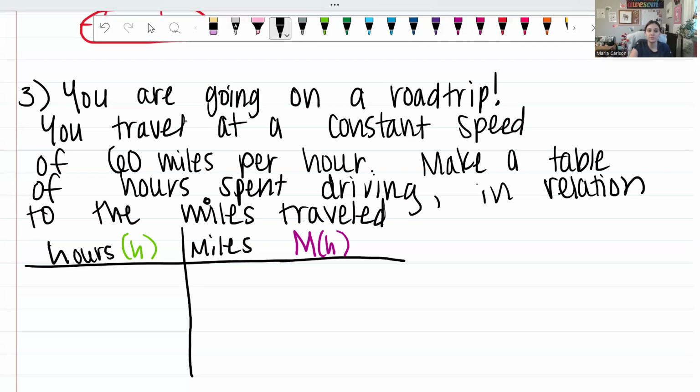So if we have driven 0 hours, we're going at a speed of 60 miles per hour. So 60 times 0 gives us just 0. So if we have driven, or sorry, yeah, driven 0 hours, we have gone 0 miles.